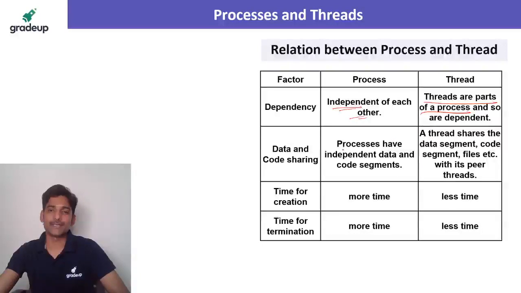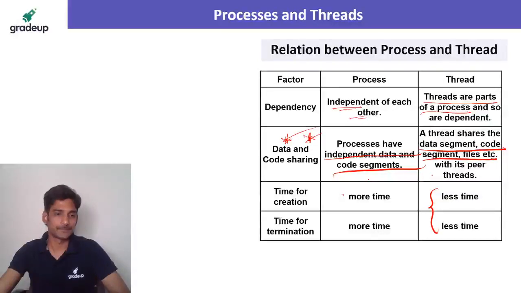Data and code sharing: processes have independent data and independent code segments, but threads share the data segment, code segment, files, etc. And creating a thread or terminating a thread relatively takes less time than processes. Okay.